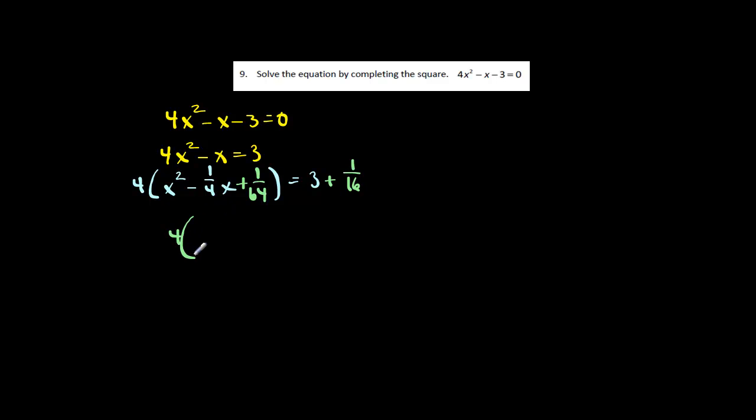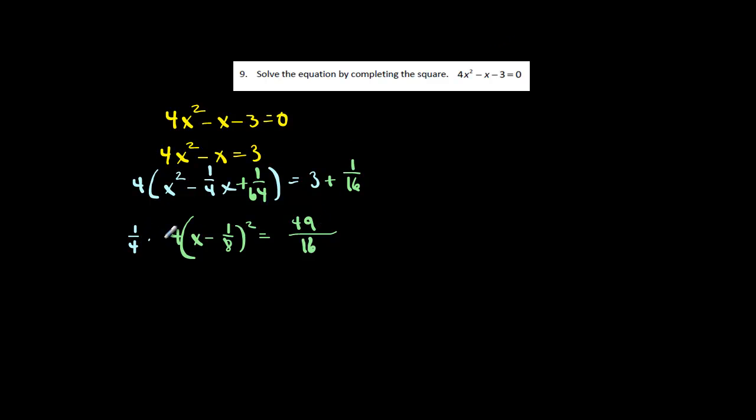So 4 parentheses x minus 1/8 squared equals. Let's make this common denominator 16. If I make 3/16, it's going to be 48 over 16. So 48 over 16 plus 1 over 16 is 49 over 16.